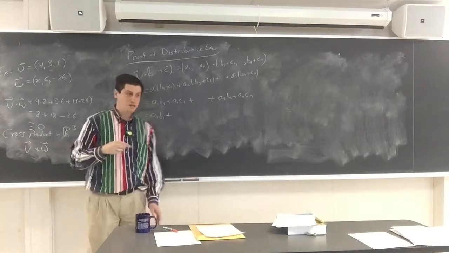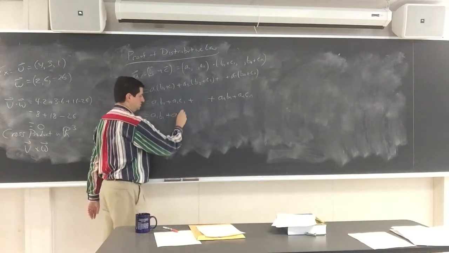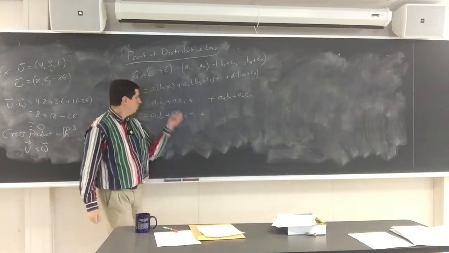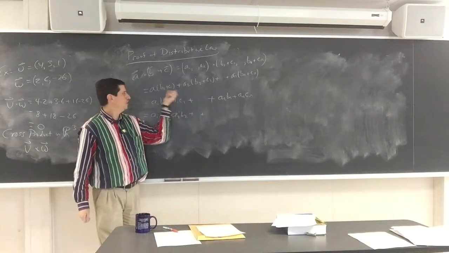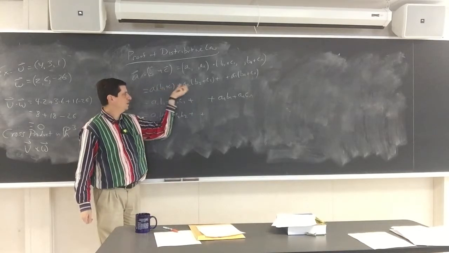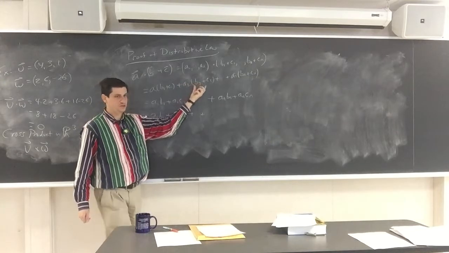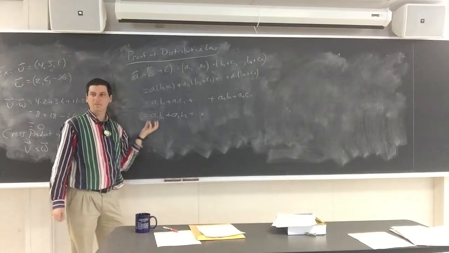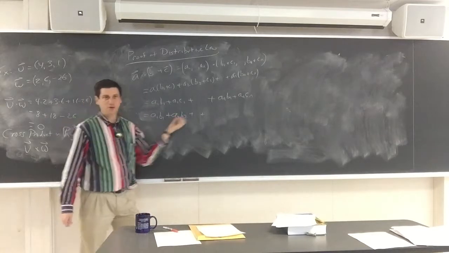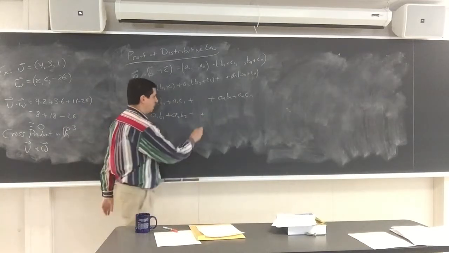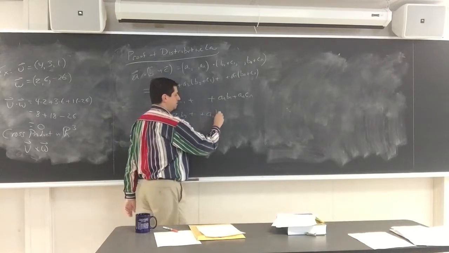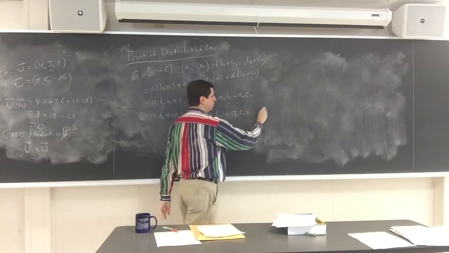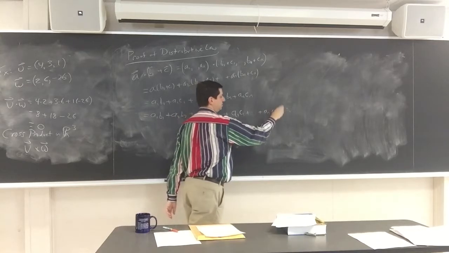Yes? A2B2. I'm sorry? Where's the A2? Well, I have all the different terms. I have A1B1 plus A1C1 plus A2B2 plus A2C2 plus A3B3 plus... Wait, let's put all the AB terms first and all the AC terms second. So I'll end with ANBN, and now I'll have A1C1 all the way down to ANCN.